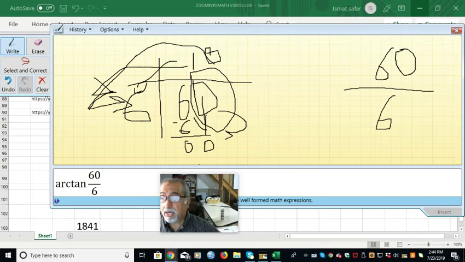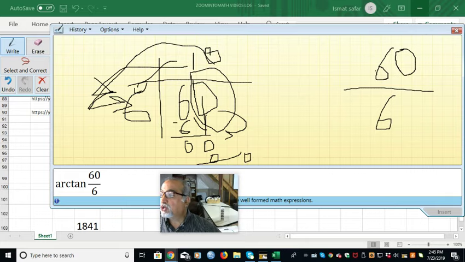0 times 6 is 0. Any number you multiply by 0 is 0, and any number you multiply by 1 is the number itself. Okay, so 0 minus 0 is 0 over here, and we are done.